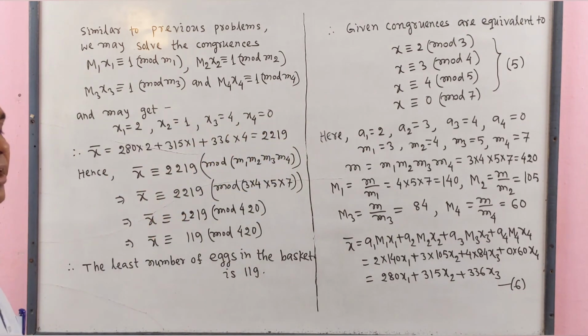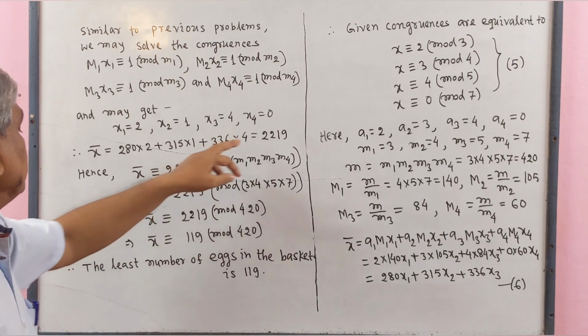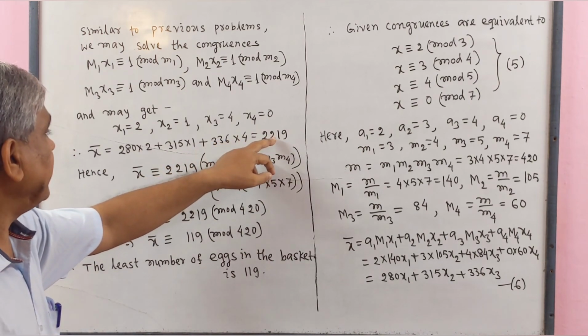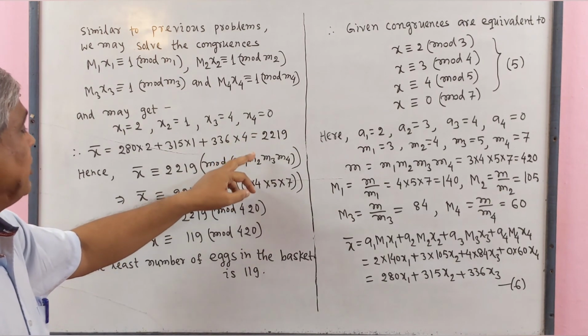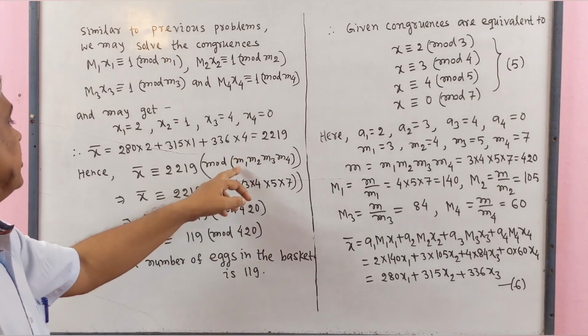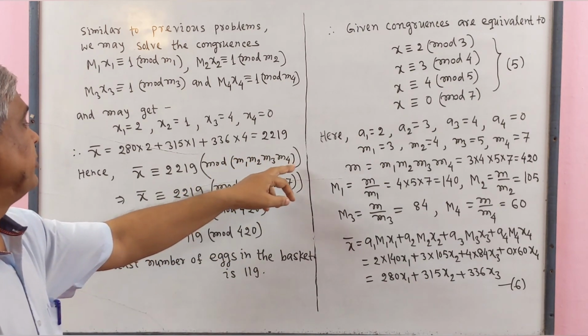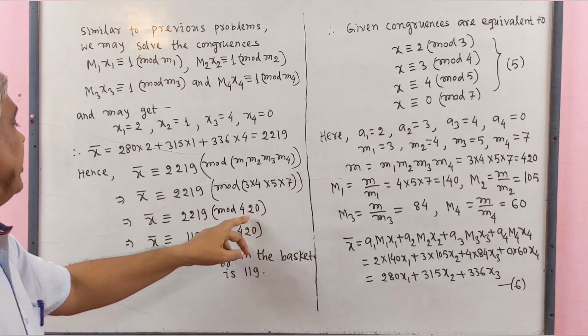2219. Hence, we may write the congruence x bar is congruent to 2219 modulo M1 multiply M2 multiply M3 multiply M4. We put the values of M1, M2, M3, M4 here. And we get 420.